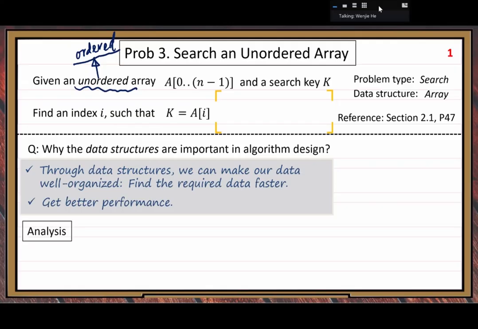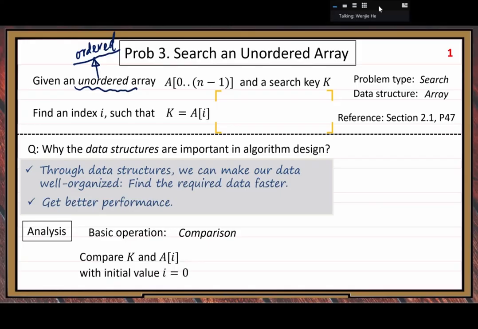But here we do not plan to order it, so we just find a solution directly. Basic operation here: comparison. We need to compare each element in the array with the given key and check if they are the same.